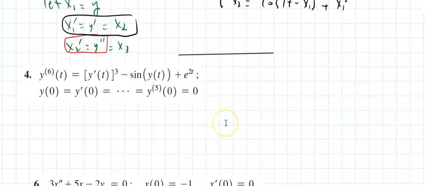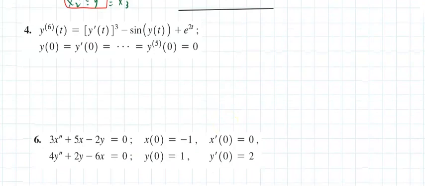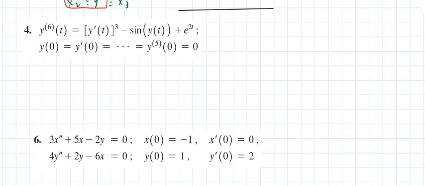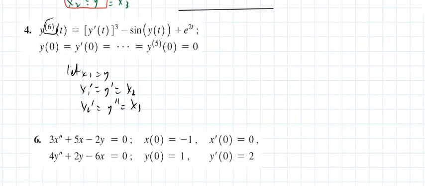If I look at the second problem, that's a bit more than the first one. Well, let's see how this works. I'm going to come in and say let x1 equal y. I'm going to take a derivative. Call that x sub 2. Take a derivative of that. Call that x sub 3. I need to go all the way to 6.